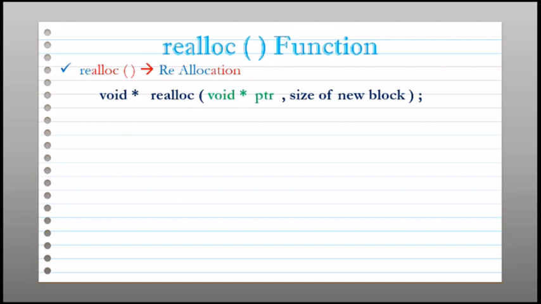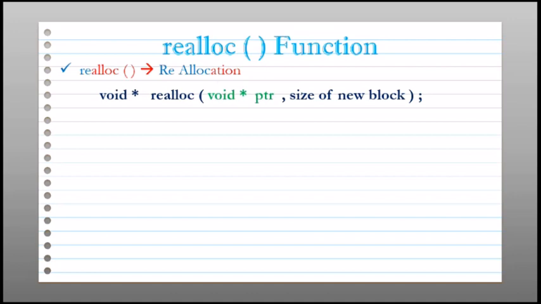Basically void is a generic data type, and it can be converted to any data type later on by using the typecasting method. The return type void is used because at the start we don't know for which particular data type the realloc function is used.